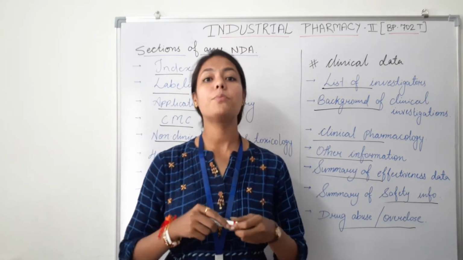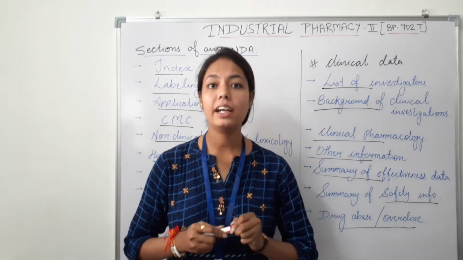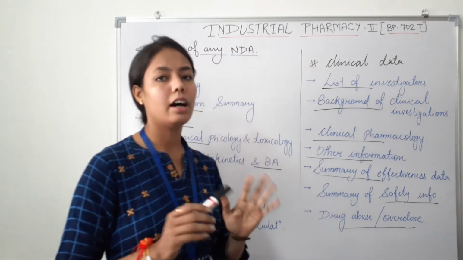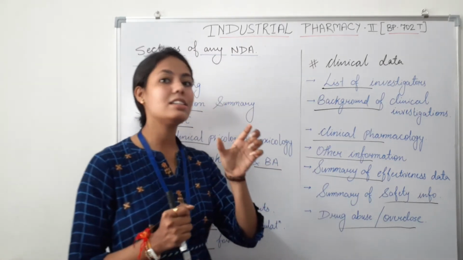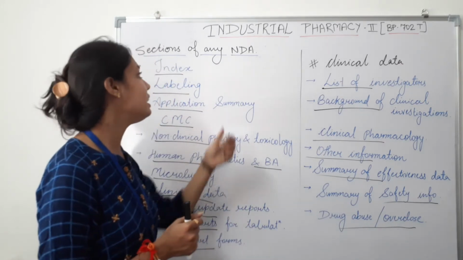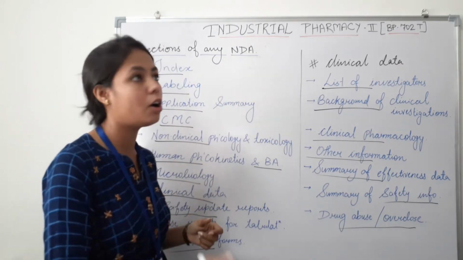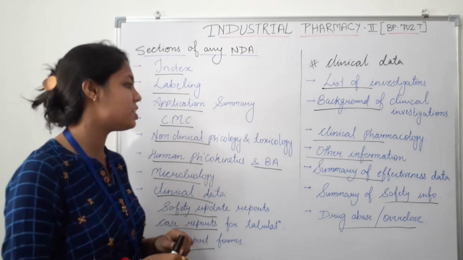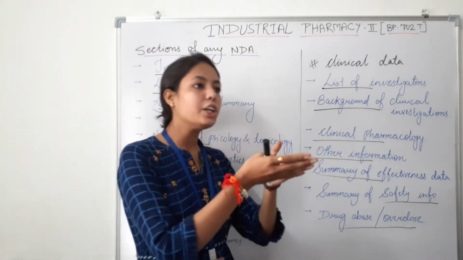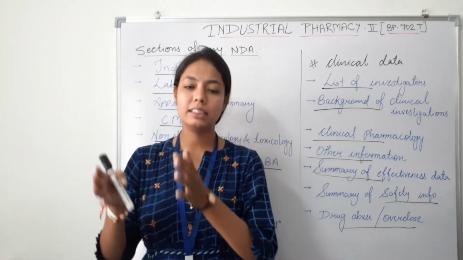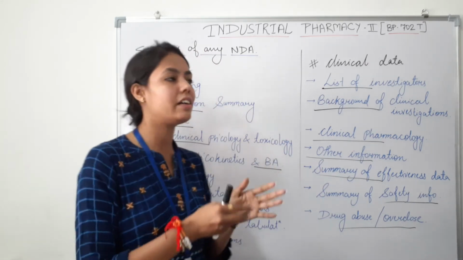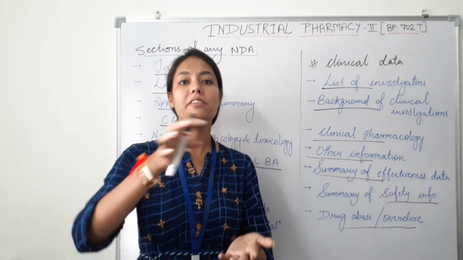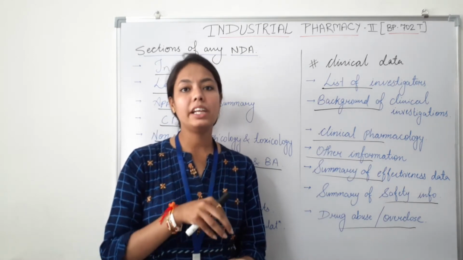After clinical data, the next point is safety update reports. Before starting safety update reports, note that the clinical section is very important in filing any new drug application, because it includes all the phase 1, phase 2 and phase 3 clinical trial data which was previously performed in humans.